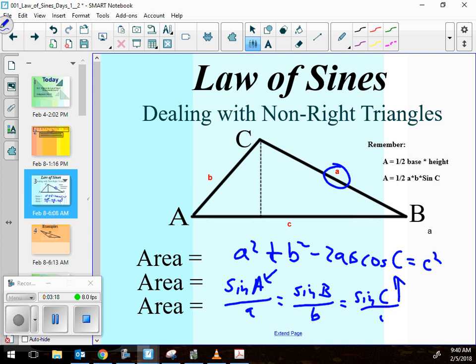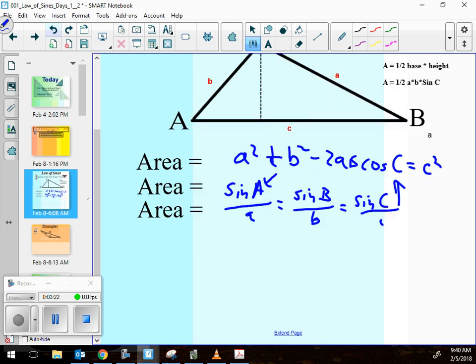I'll show you how to use these in a second, but I'm just going to add the last one, which is how to find the area of a not right triangle. The area will be A equals 1/2 base times height, except there's an extra thing thrown in, because remember, it's not a right triangle.